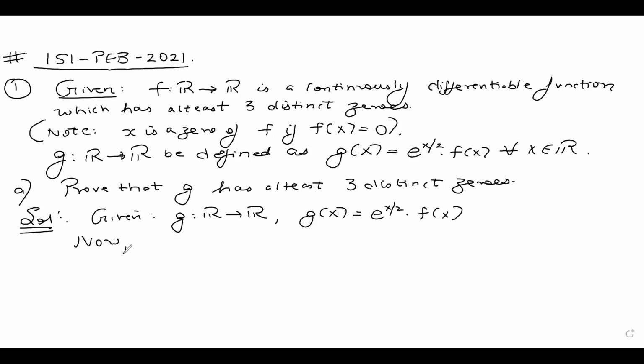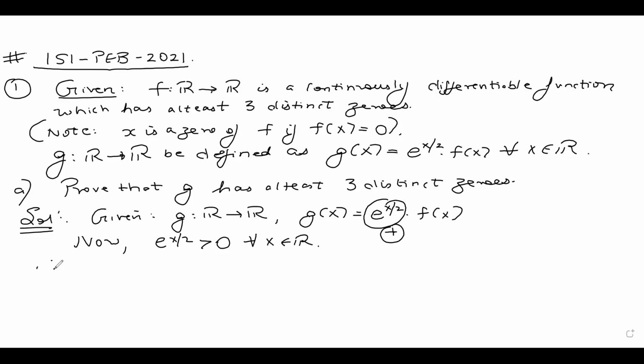Now, all students can see that e to the power x by 2 will always be positive because e is always positive. You raise a positive base to any power, it will always be positive. So I can say that e to the power x by 2 is always a positive quantity for all x belonging to real numbers.